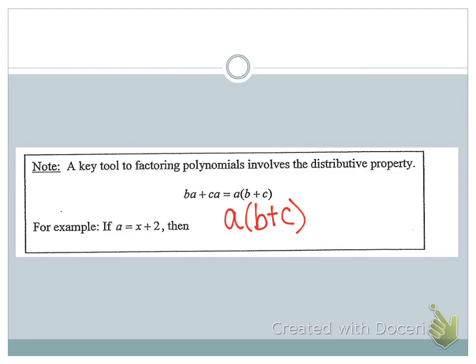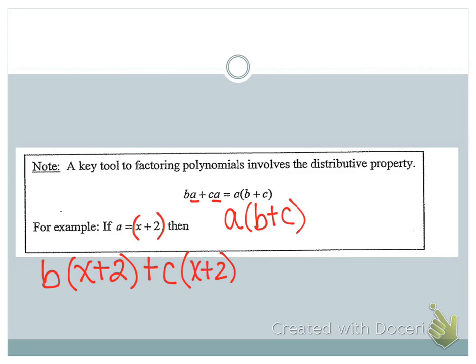Instead of using an a, I'm going to use x plus 2 in parentheses. So we'll rewrite it together. So b, and then instead of an a, I'm going to write an x plus 2 plus c. Instead of an a, I'm going to write another x plus 2.